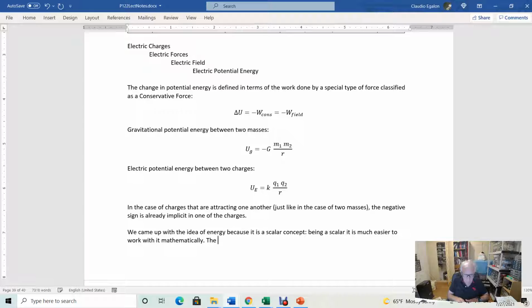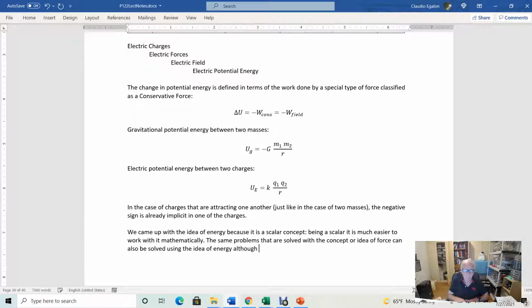Okay? Let me put it another way. The same problems that are solved with the concept or idea of force can also be solved using the idea of energy.